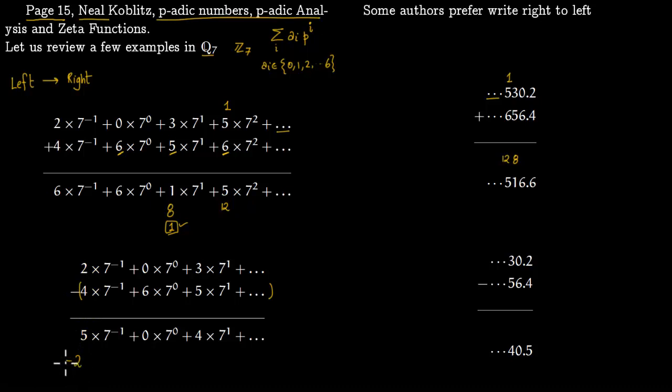Now to make minus 2 into positive 5, we are putting in numbers only from 0 to 6, so you have to make this a positive number. To make it positive, we have to add 7 to it, because we are working modulo 7. Since you are adding 7 to it, this will become 5, but we have done this addition, so we have to carry over minus 1 now.